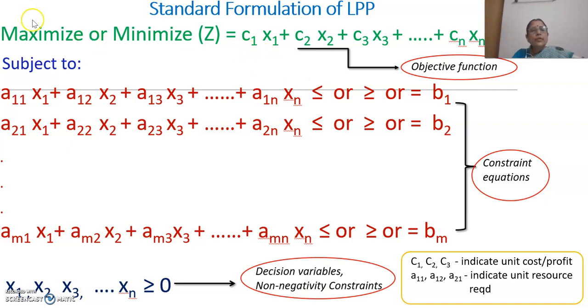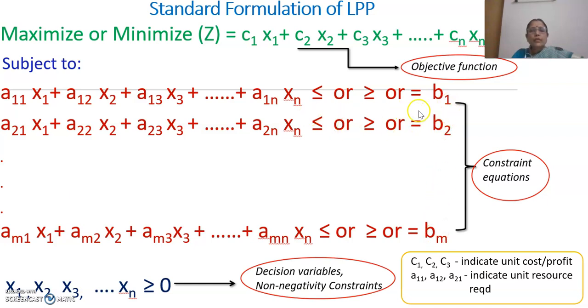This objective function is valid when it is satisfying the constraints in the problem, which are represented as equations of the decision variables, and each will be taking any of these inequalities. That is, it can be in the form of less than or equal to, greater than or equal to, or equal to b1, b2, and so on up to bn.